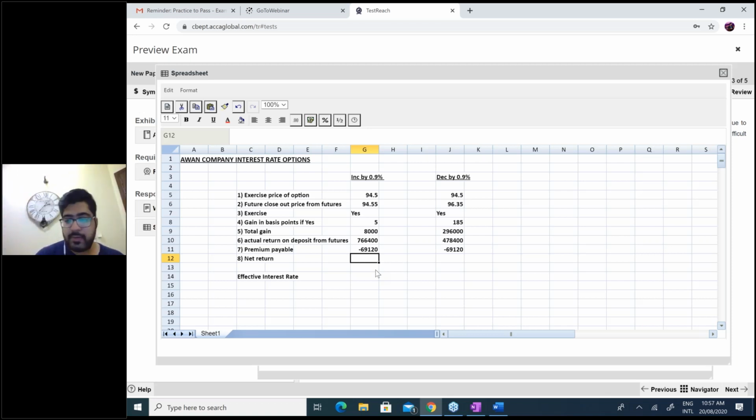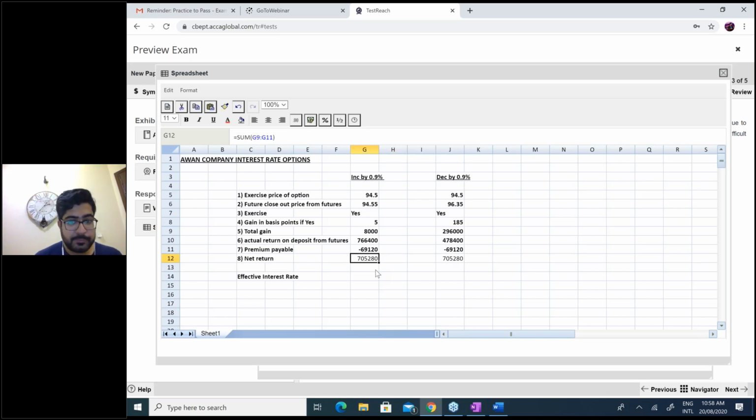Okay. Now net return, just take the sum of the last three cells, sum. G9 to G11, these three sum, 705280, J9 to J11, 705280.